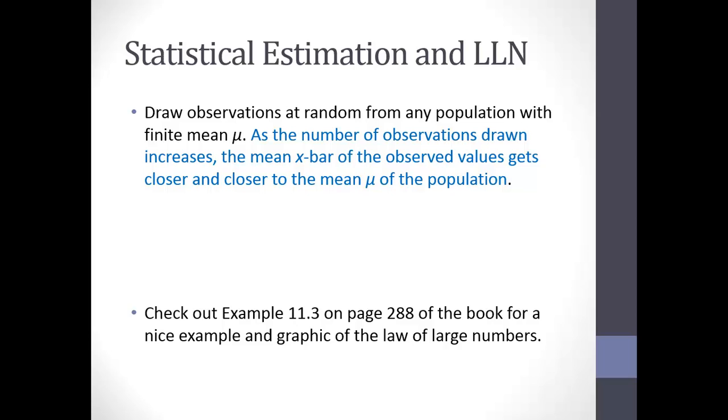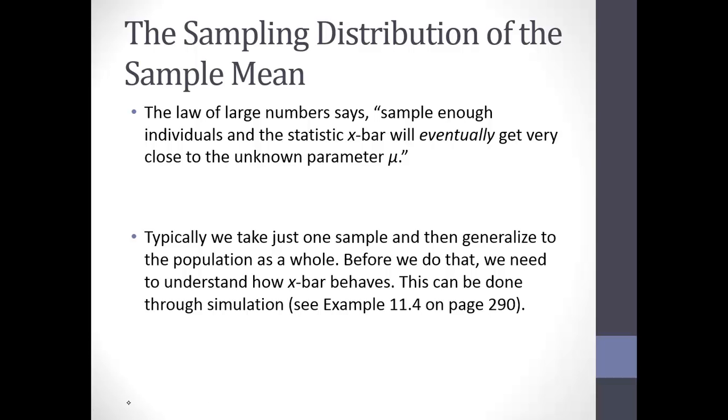As the numbers get bigger, we should get closer to what we want. You can check out your textbook for a little example and graphic; I'll forgo that for now.